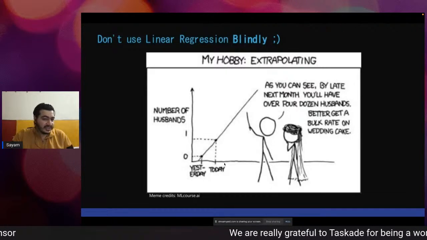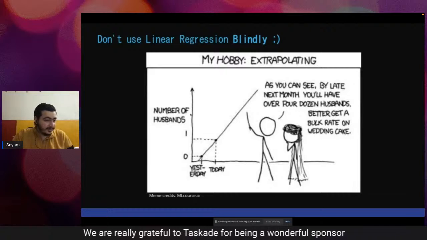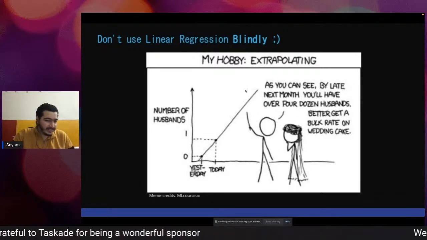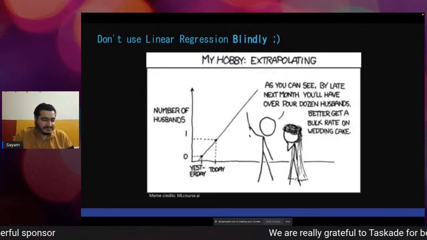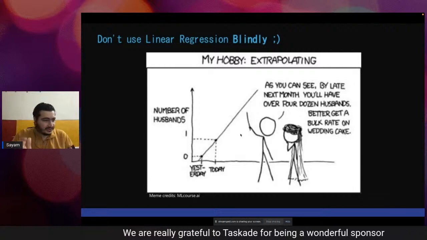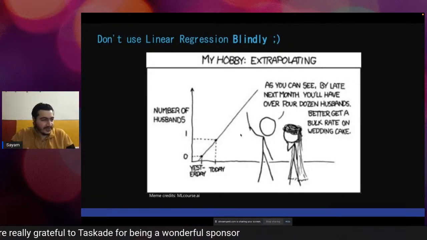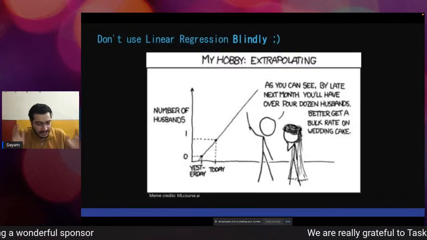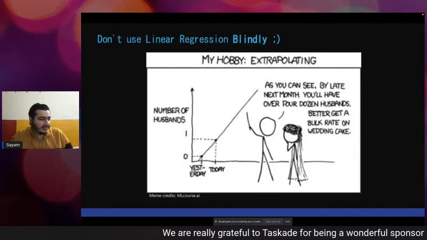So the bakery owner says, tomorrow the number of husbands for you will be 2, because it's just a straight line, and the day after tomorrow it would be 3. So fitting a linear regression line here would not be a good idea. You have to look into the data and the constraints before you think of whether or not to apply linear regression, or what degree of polynomial I need to apply, if at all it makes sense to apply linear regression here.